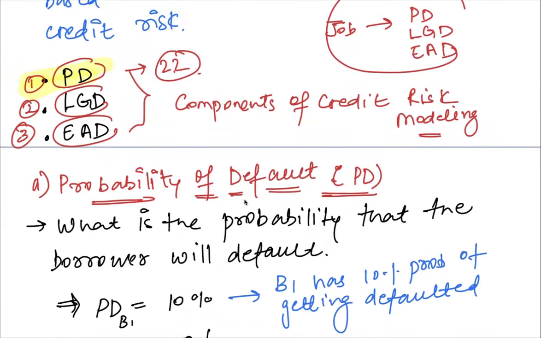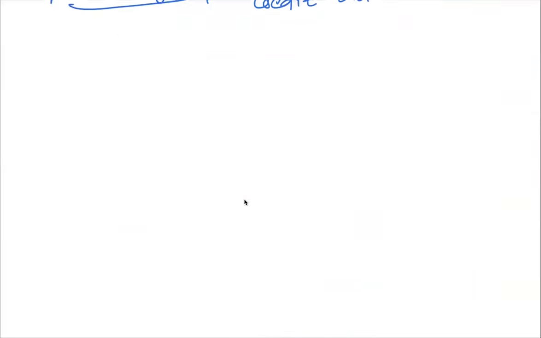Now let's look at LGD, the second component of credit risk. LGD means loss given default.